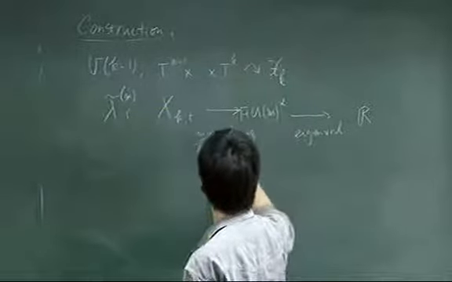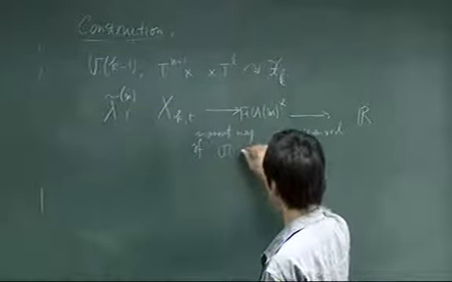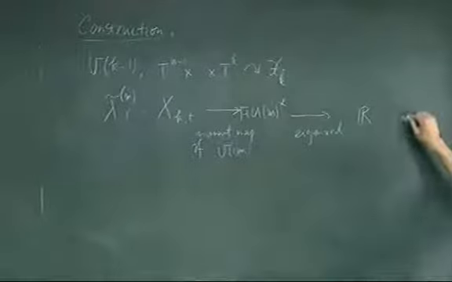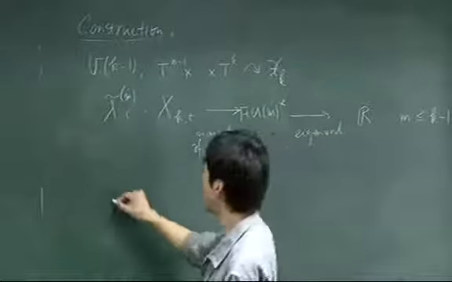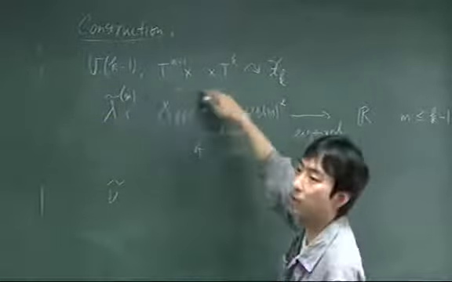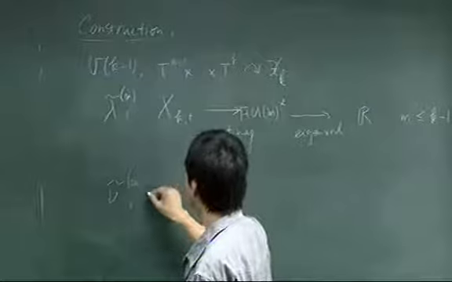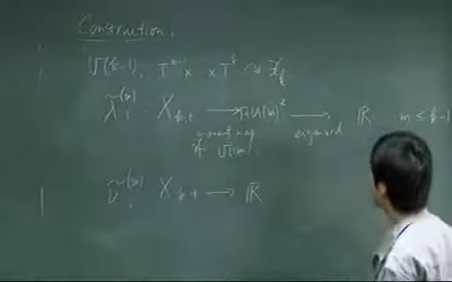Action for m less than or equal to k minus 1. And also we can construct a moment map for this torus action, the moment map of the Tm action. Here m is greater than or equal to k.